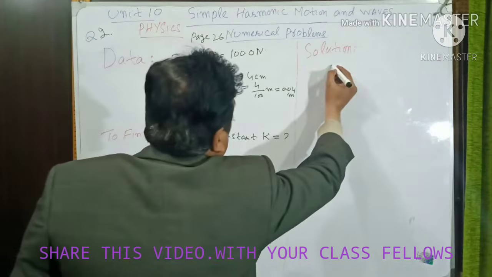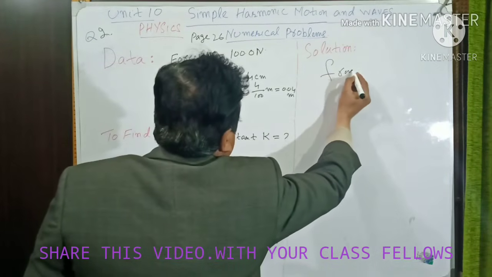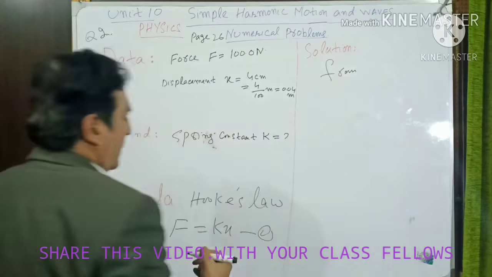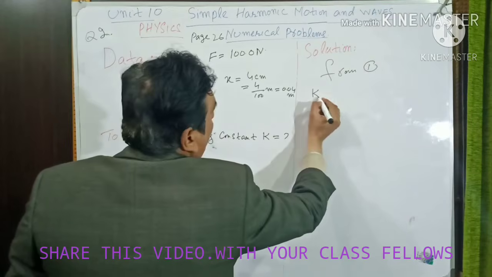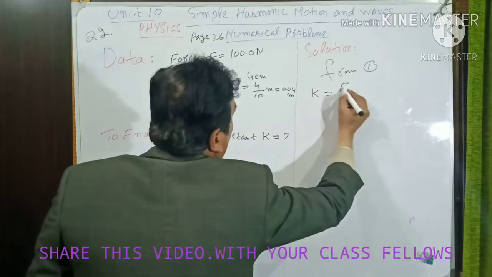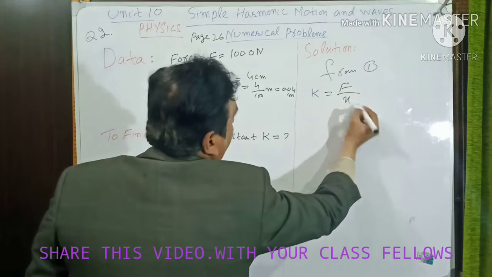Solution from equation 1, we write this equation for K. K is equal to F divided by x.